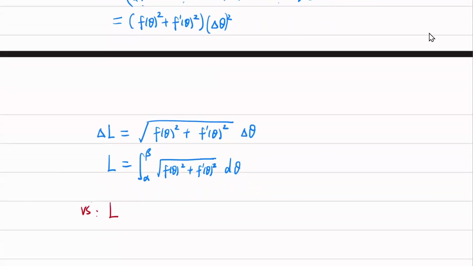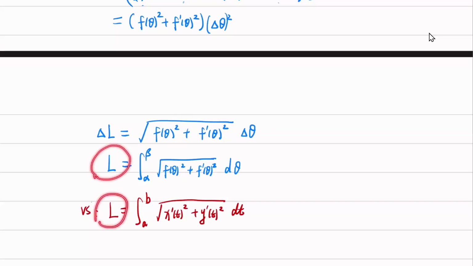You compare it with the formula in the regular case. I want to emphasize the difference of this arc length for different parametric equations. This is the general one: x derivative squared plus y derivative squared.